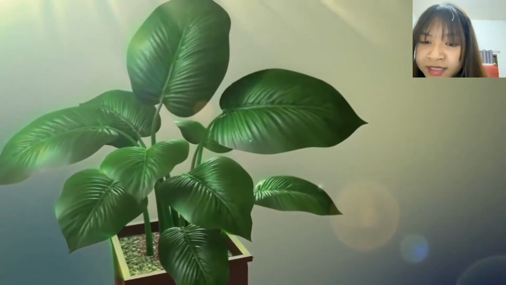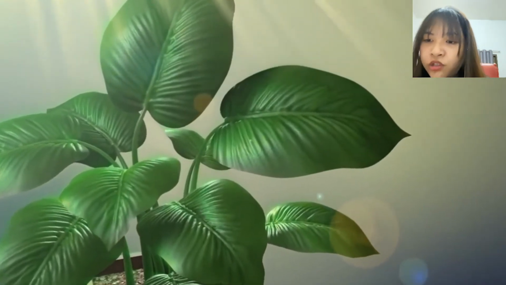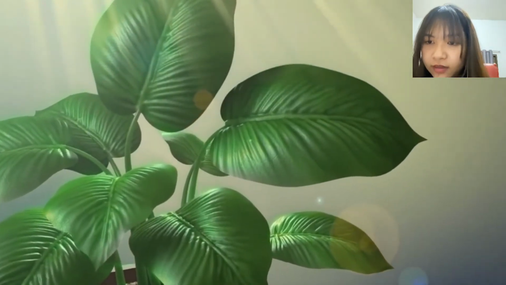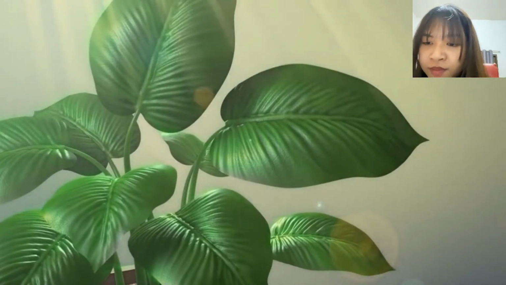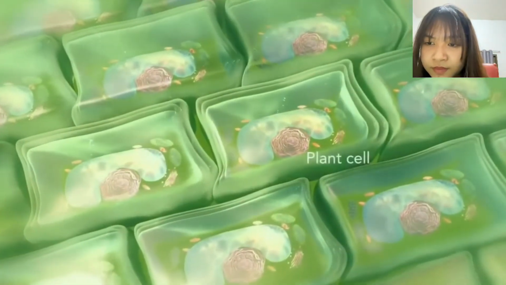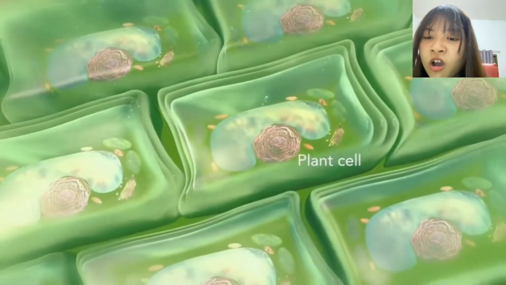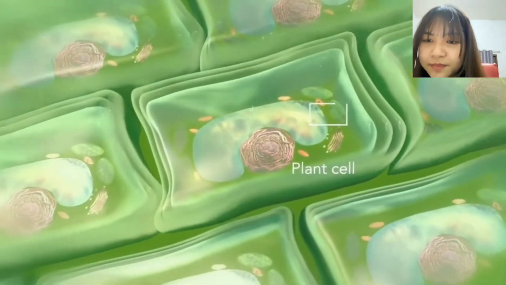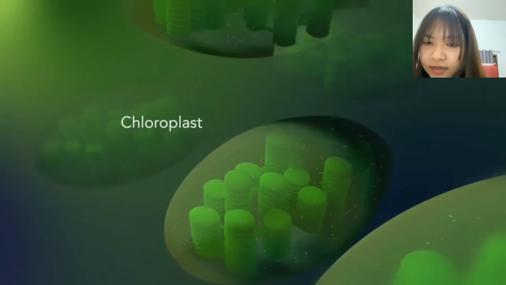Some organisms, such as plants and other autotrophs, meaning they capture sunlight for energy, have cells with organelles called chloroplasts. The chloroplast is where photosynthesis happens.